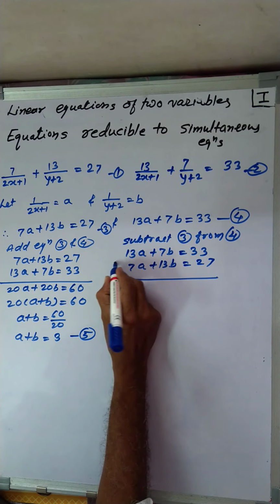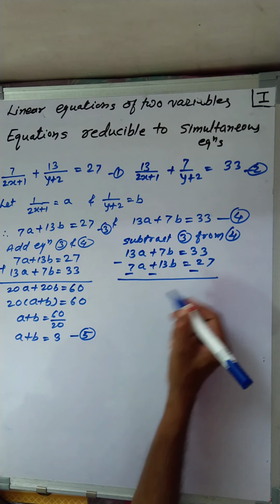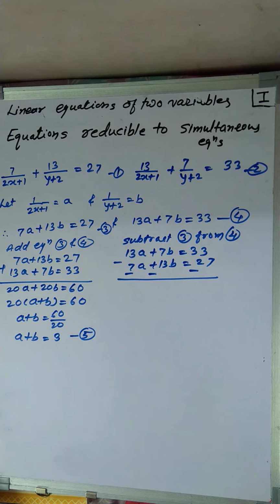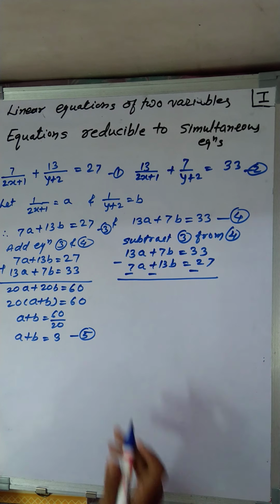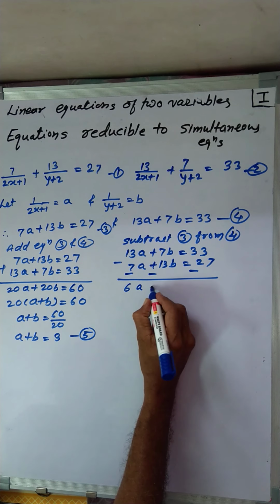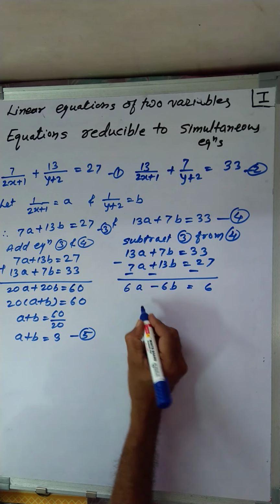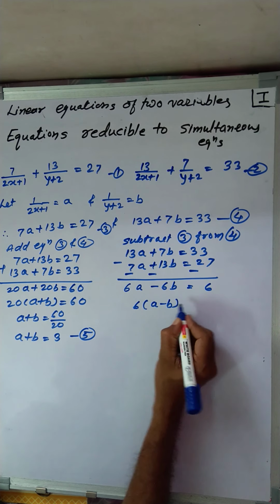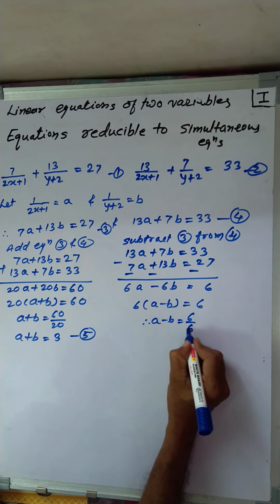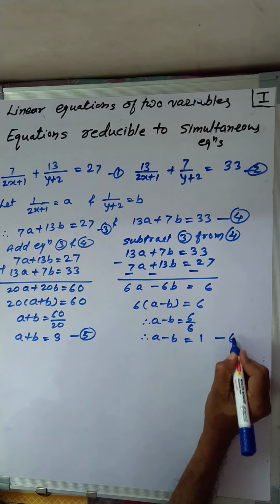Now we have to subtract, that means there is a negative sign, hence we have to change the sign of the second equation. 13 minus 7, we get 6a minus 6b is equal to 6. Take 6 common, we get a minus b is equal to 6 upon 6. Therefore a minus b is equal to 1, which is equation number 6.